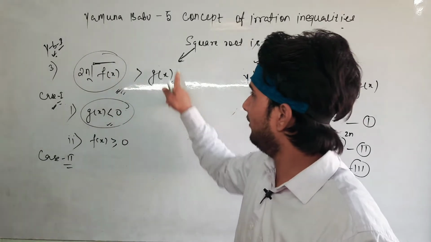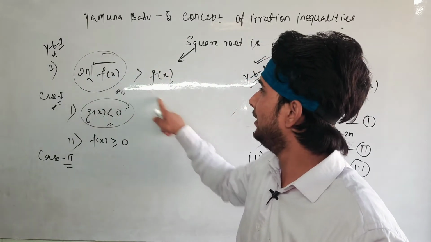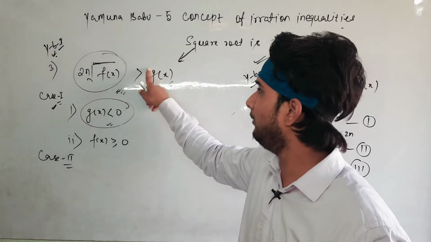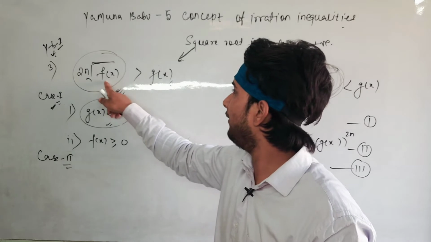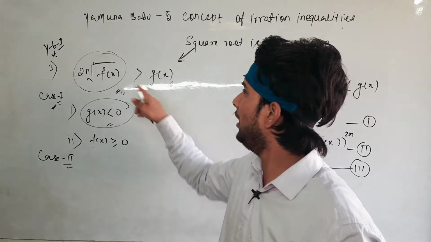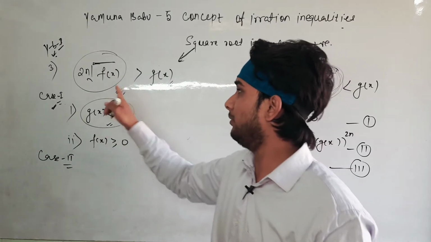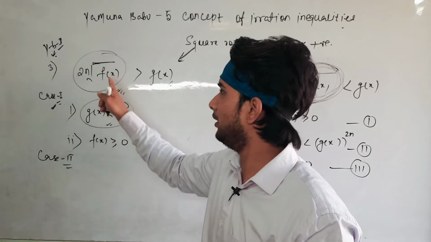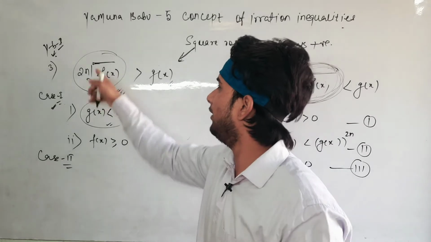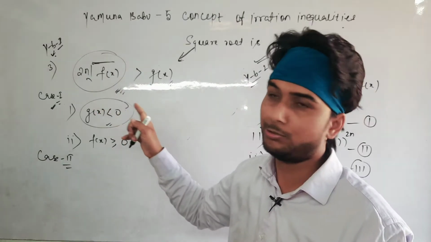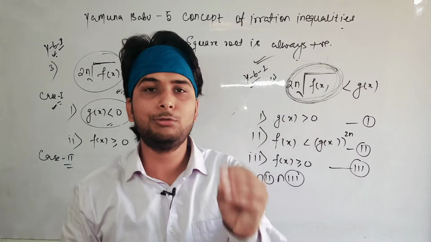It means that when you are taking this as non-negative, then you have to apply the 2nth power on both sides, and as we know that a square root is always positive, then there is no need to apply f(x) greater than or equal to 0 here also.